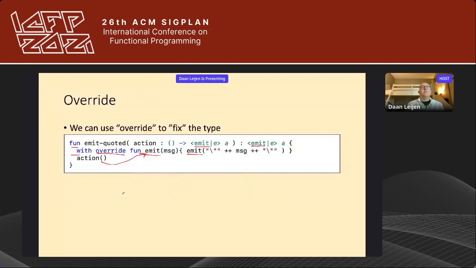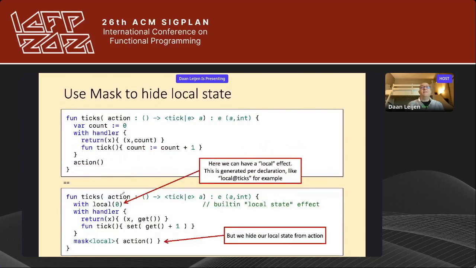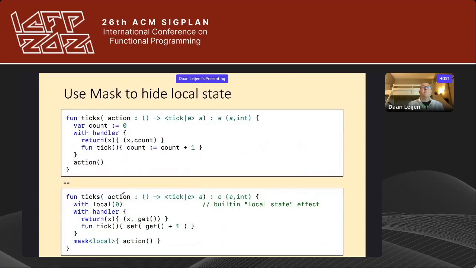I wanted to show one more slide here that I skipped earlier. This is about the local variables that I showed earlier in my examples in Koka.